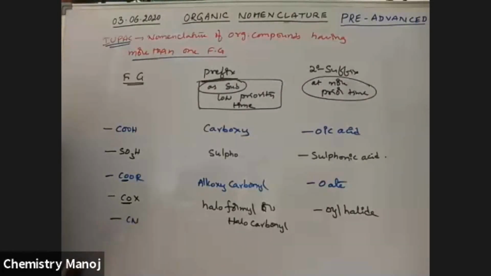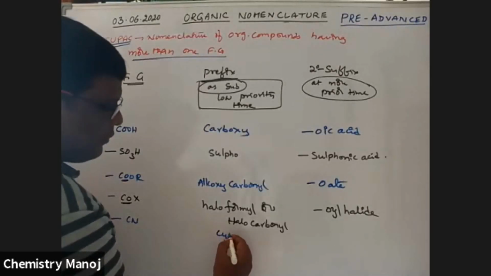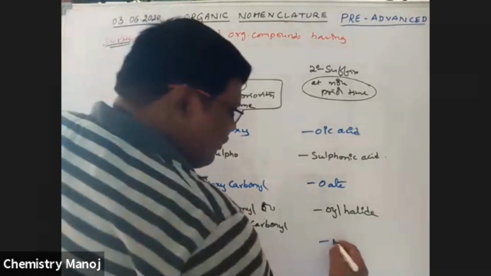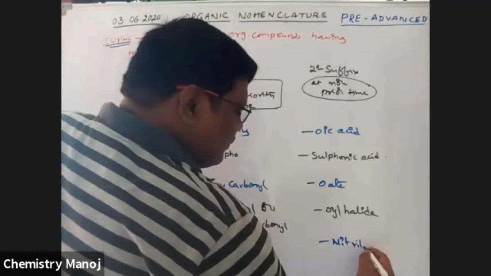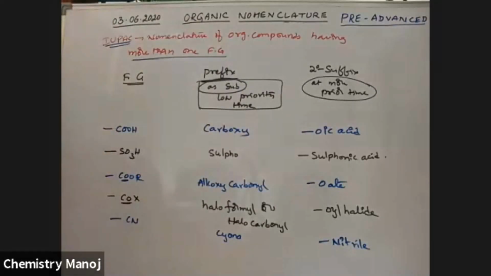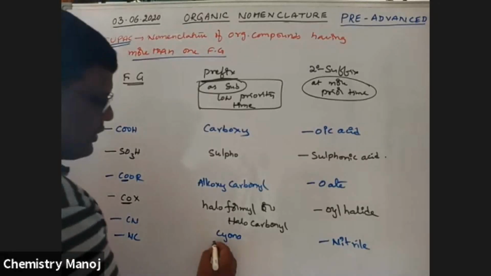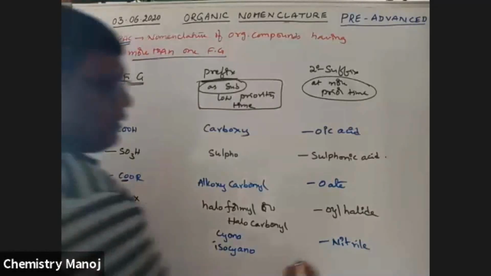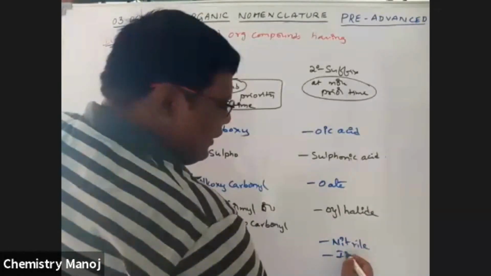Next, if cyanide is there, cyano is the prefix word. Nitrile is the suffix word. If NC is there, as a prefix isocyano. As a suffix isonitrile.